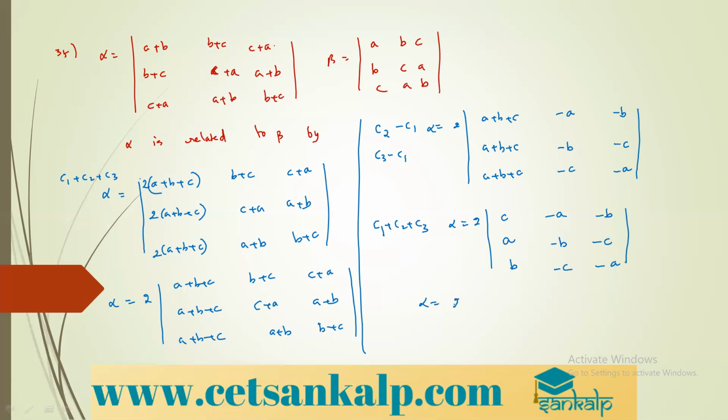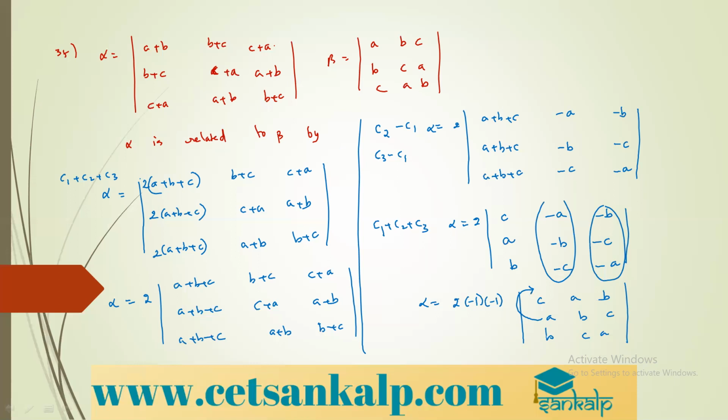Then I can take 2 minus 1s common from C2 and C3. So that I will have CAB, ABC, BCA. I can interchange the columns or the rows. What I want to do is I want to get ABC row first.